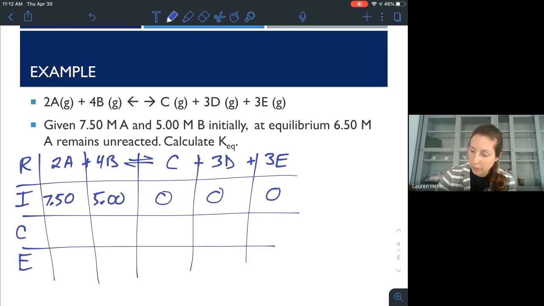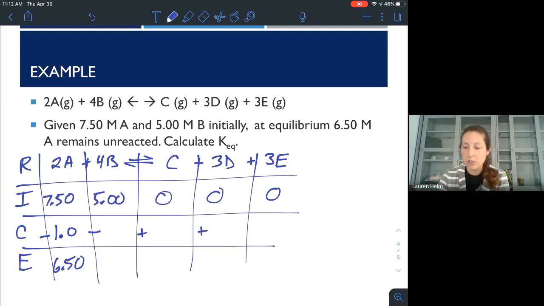At equilibrium, only 6.5 moles of A remained. That's a change of 1. If A went down, B must have also gone down, using up those reactants to form or gain our products. Use our mole ratio to extrapolate. Between A and B, that's a 2 to 4 or 1 to 2 ratio, so we're going to lose 2. 2A to 1C, that's a 2 to 1 ratio, so that's going to be 0.5.